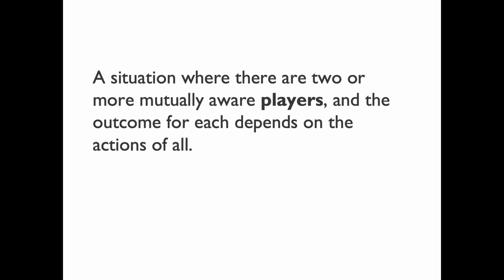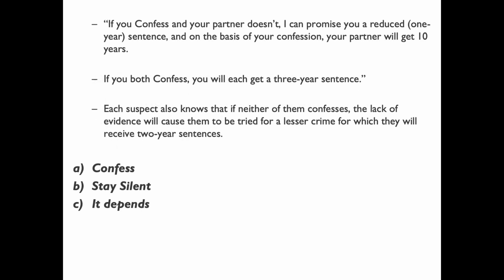We're going to define a game even more basically than that, by saying that it's just a situation where the decisions of players affect the outcome of all the players. So this is clearly a game because you have 2 players and they're making one decision, and the decision of each of the players will affect both of them.